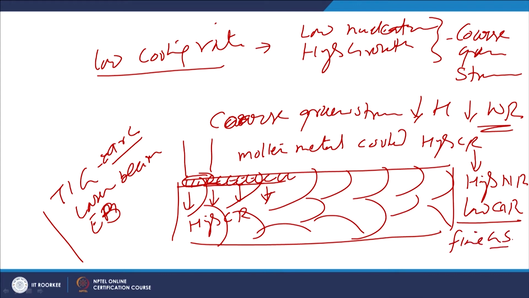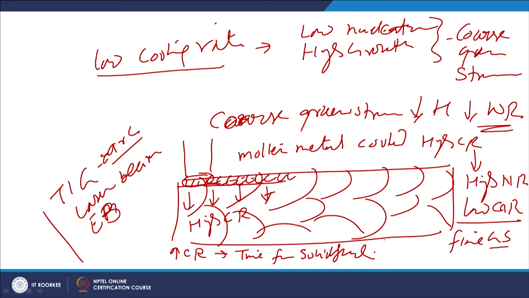This is one thing. Second thing, since the cooling rate is high, the time for solidification is very less. So, very less solidification time is available, which means all the constituents which are being formed during the solidification will not have much time to grow.